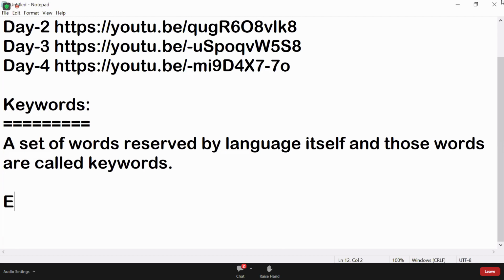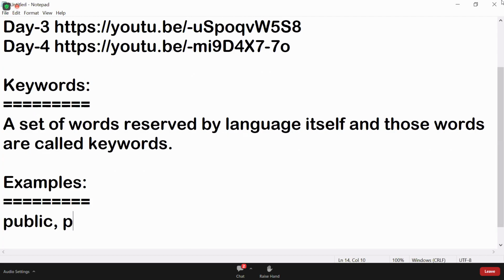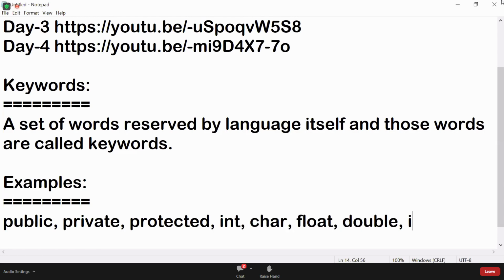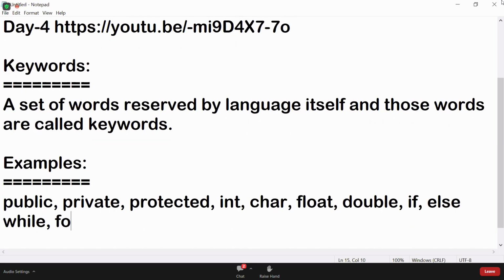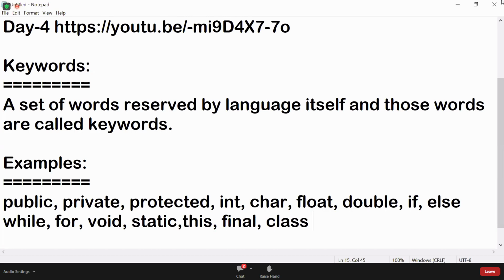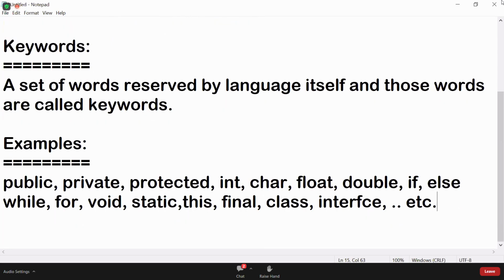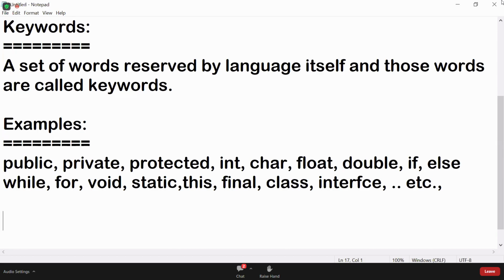Next, write it. Examples: public, private, protected, int, char, float, double, if, else, while, for, void, static, this, final, class, interface, like this, etc. So many are there.